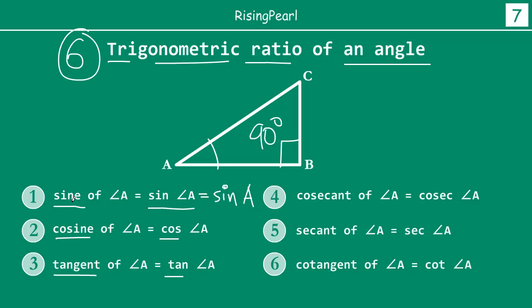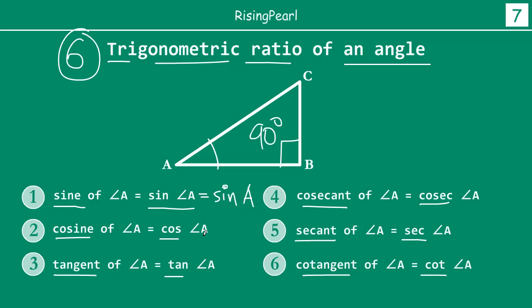But I just wanted to highlight that we are not going to be using sine of angle A or cosine of angle A or tangent of angle A. Almost always you will see that instead of cosecant of angle A, we will be using cosec angle A. Similarly, secant of angle A will become sec angle A, and cotangent of angle A will become cot angle A.